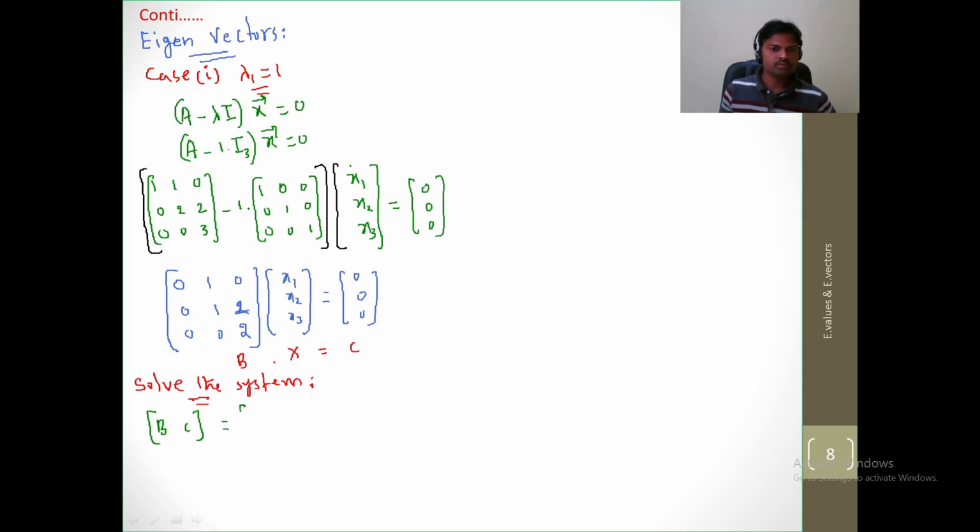This is equal to, what is B? 0, 1, 0, 0, 1, 2, 0, 0, 2, and the last column is 0, 0, 0. So this is the augmented matrix, and you have to convert this matrix into reduced echelon form, right?